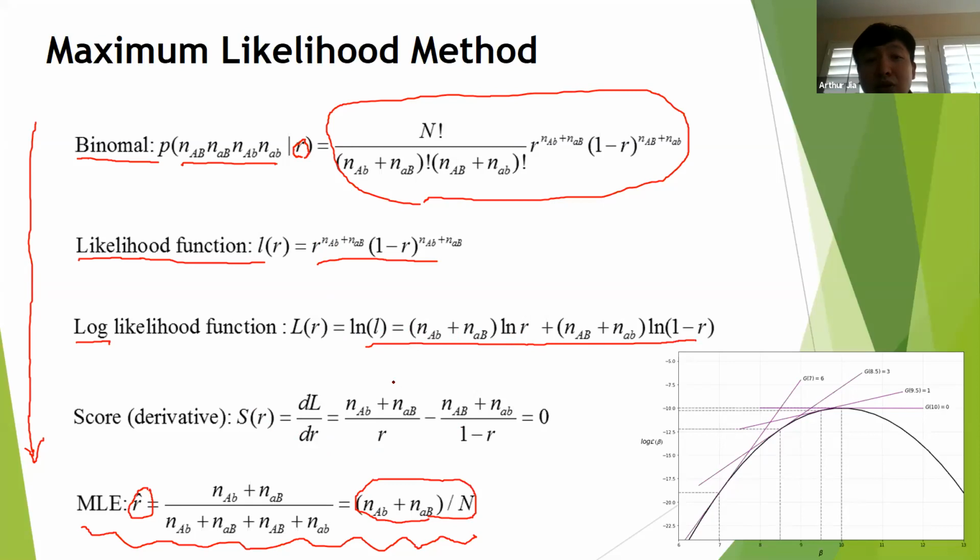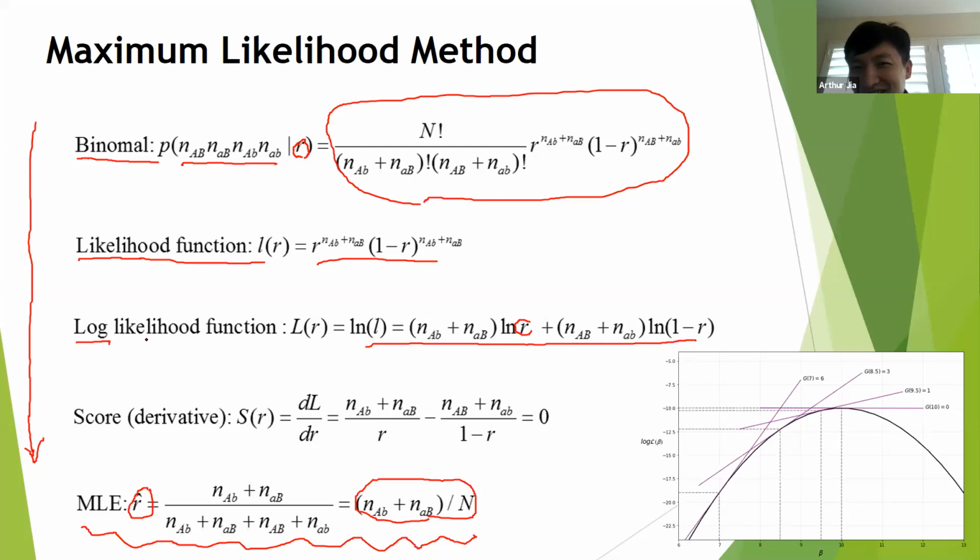And how do we use this log likelihood function to help us find the solution, the best value for R, the parameter that can maximize this log likelihood function, all right? Am I clear?